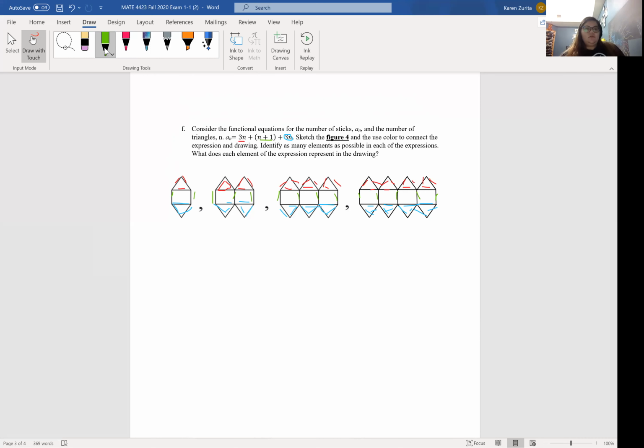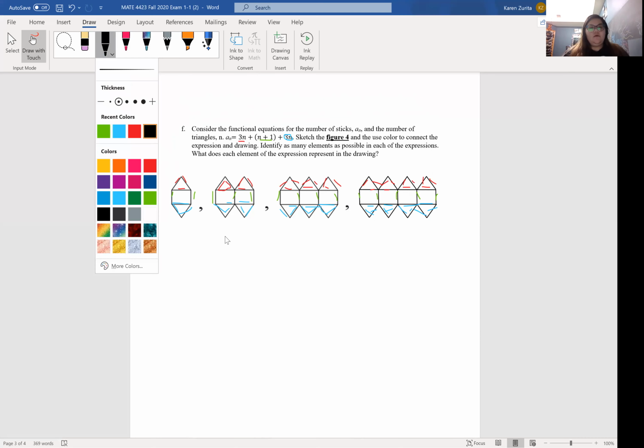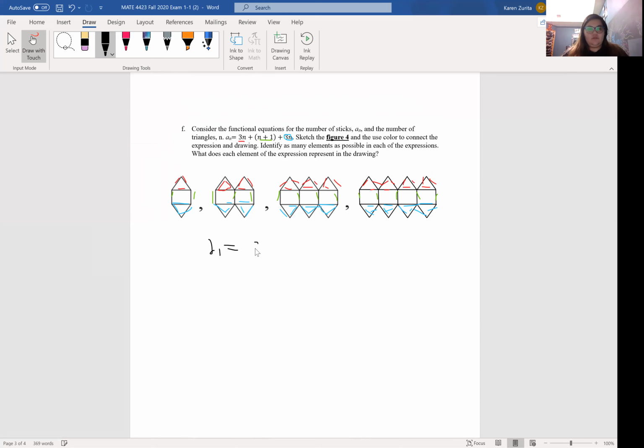And then we can see this by doing A1 equals 3 times 1 plus 1 plus 1 plus 3 times 1. We see that by 3 plus 2 plus 3.